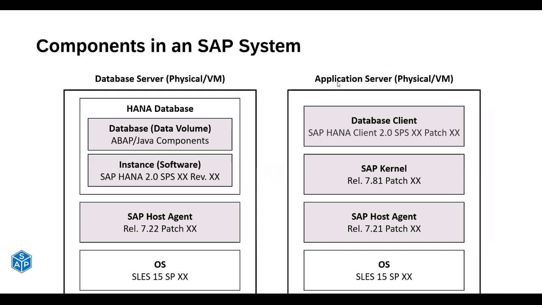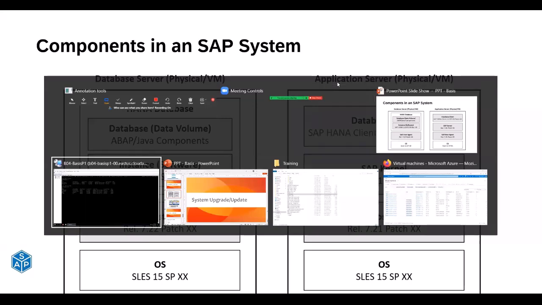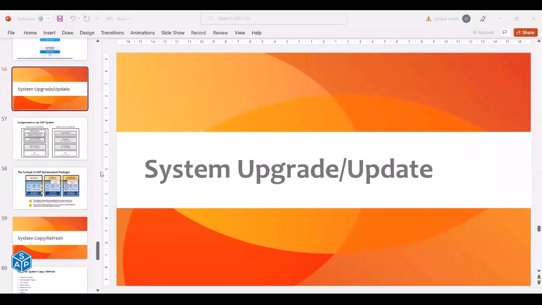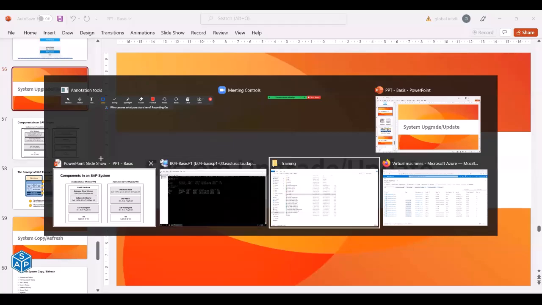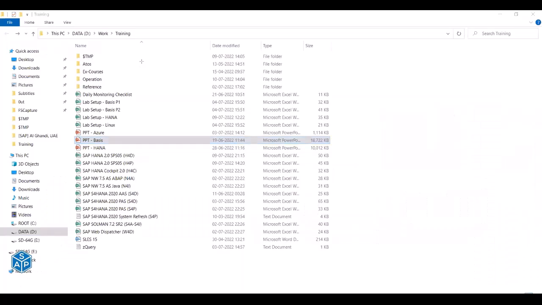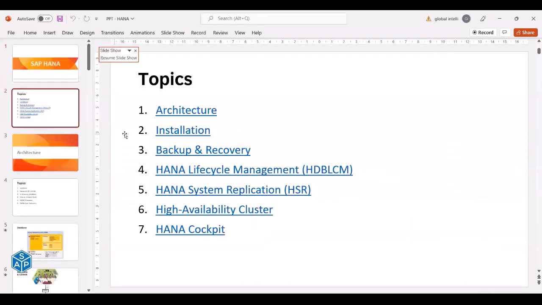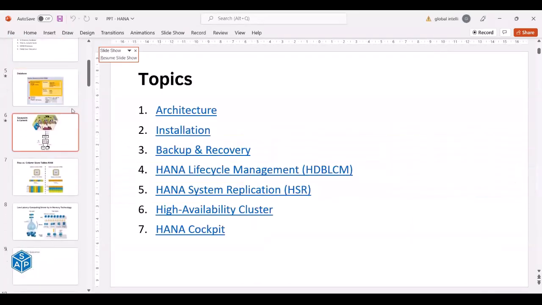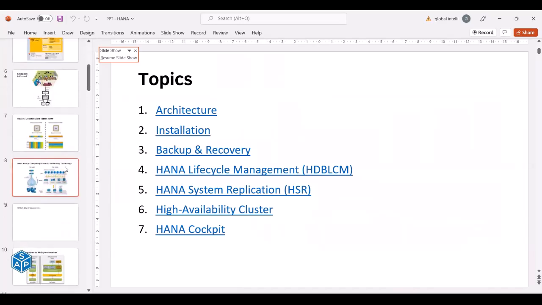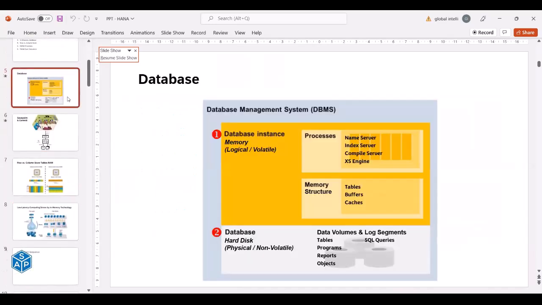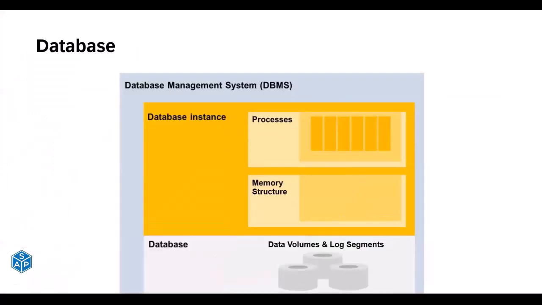It was covered in the database chapter, so it is here in the HANA. Okay, so this is your database, divided into two parts. One is the database instance, and the second is your database.